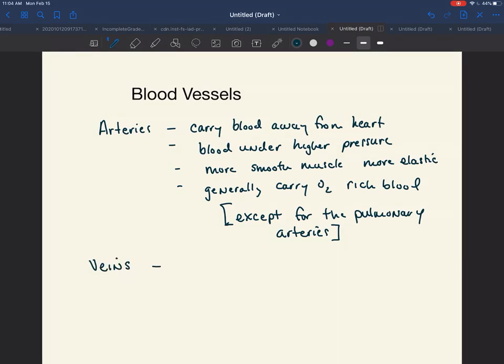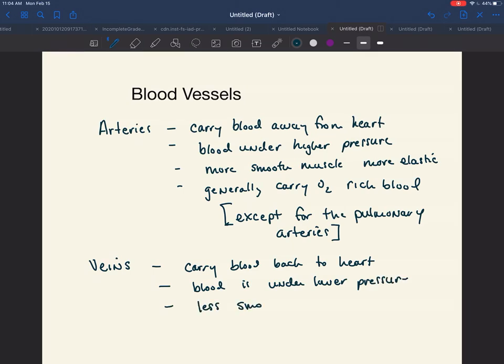Okay, so then let's look at the veins. They generally carry blood back to the heart. By definition, they do. The blood is under lower pressure. There is less smooth muscle.